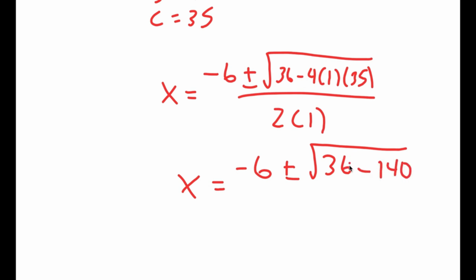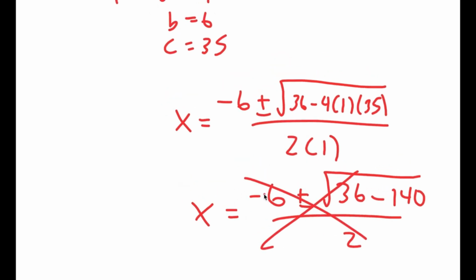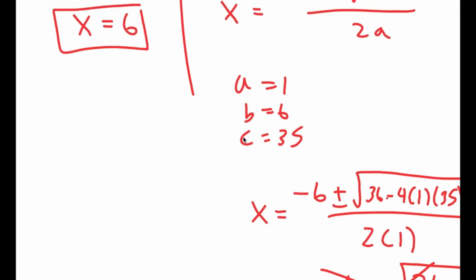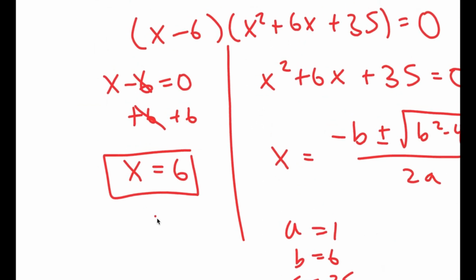And 36 minus 140, well, that's going to be a negative number. And you can't take the square root of a negative number. So, meaning there's no real solutions to this. There are imaginary solutions, but there are no real solutions with this. So x equals 6 is our only real solution to this equation.